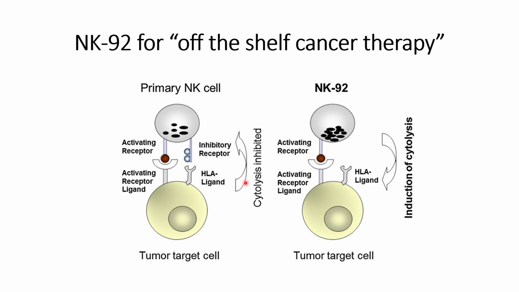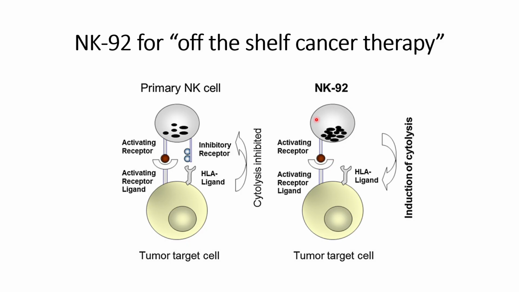In the primary NK cells, what happens is that cytolysis is inhibited through these HLA ligand and inhibitory receptor interactions. However, in the case of NK-92 cells, there is an induction of cytolysis, and the inhibition of cytolysis is very minimal or almost negligible, because these NK-92 cell lines are devoid of these inhibitory receptors. This is one of the advantages.